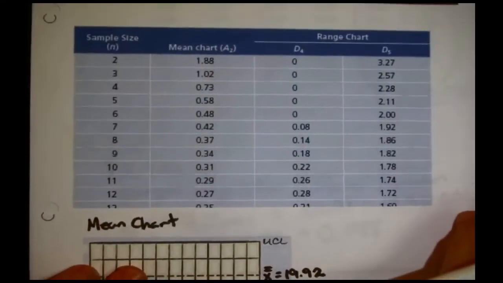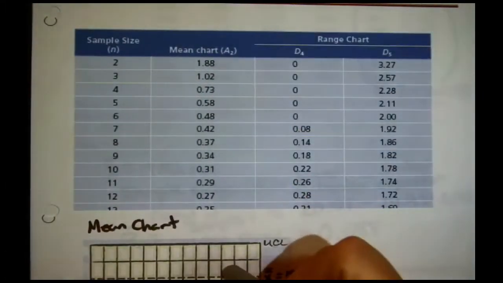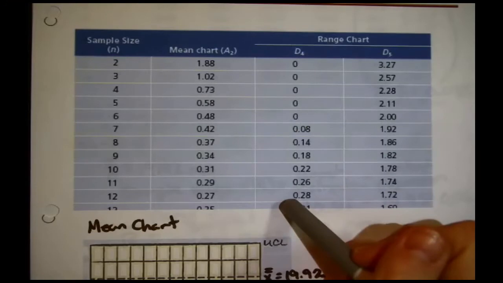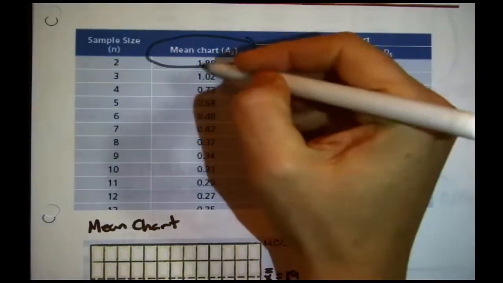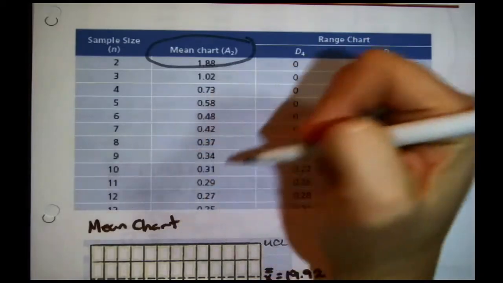That's the chart we just flashed past last time that is printed on the next page. You see mean chart right there, and a whole list of different values you can use. Which one are you supposed to use? Look up the size of the sample. Look up the sample size. Never look up the number of samples.